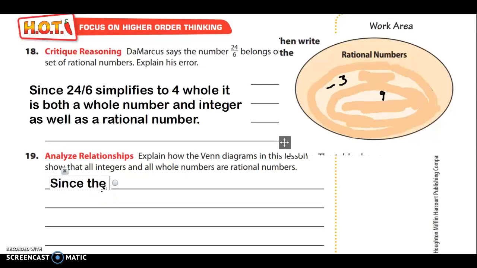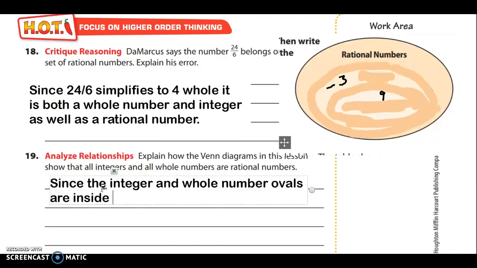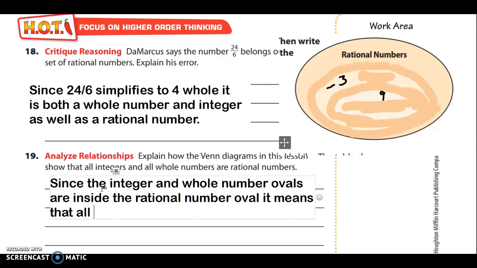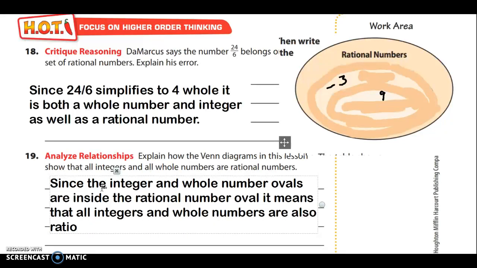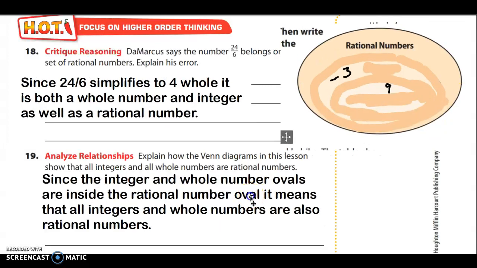Well, since the integer and whole number ovals are inside the rational number oval, it means that all integers and whole numbers are also rational numbers. Again, tricky, but just try your best to understand what I'm showing you there.